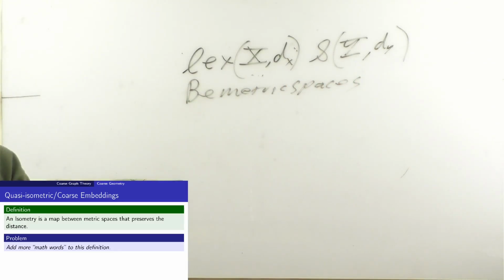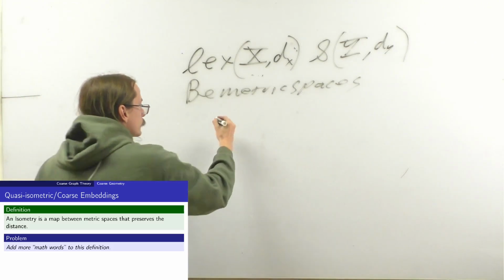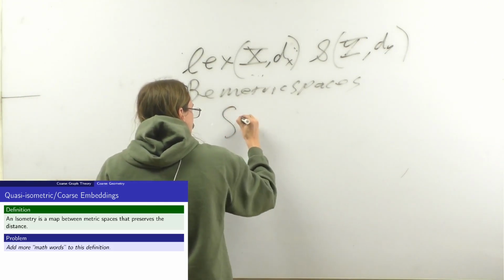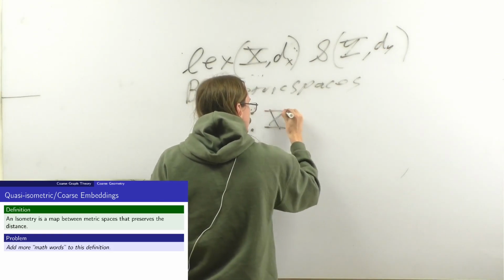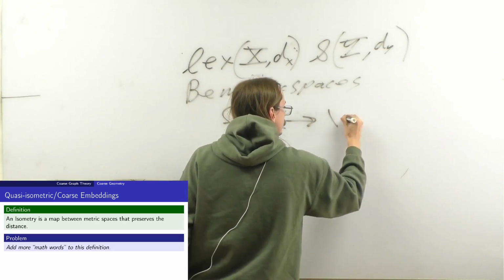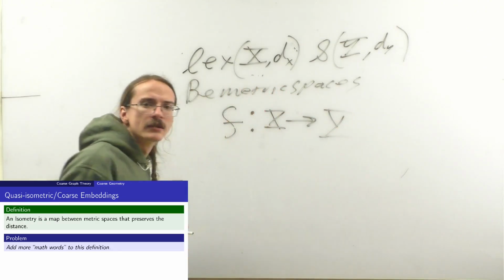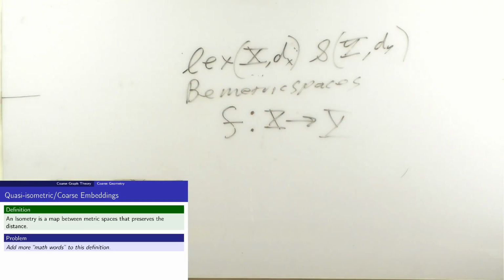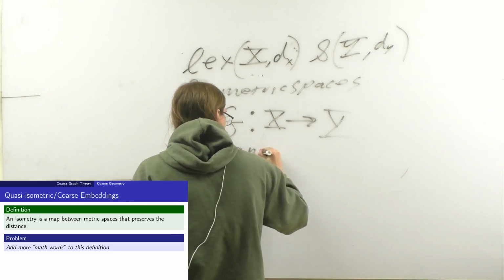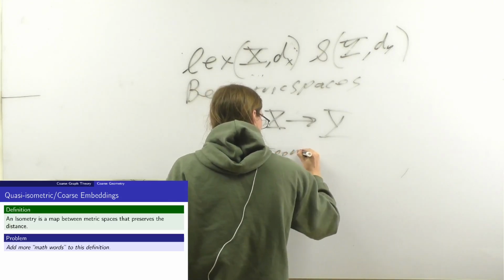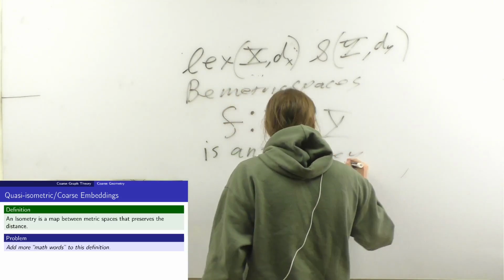I want to map between them. Remember, we do maps with this f from X to Y. And we want to say that it's an isometry if it keeps the distances the same.